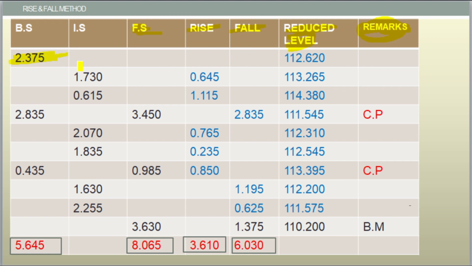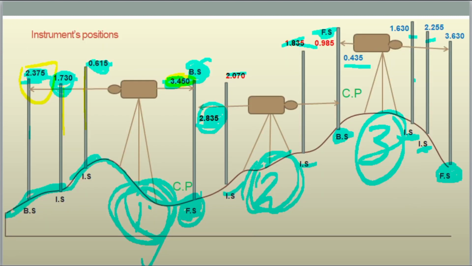So here we have the first reading, our two intermediates, and we have the last reading of the first positioning of our instrument. Again we move to the second positioning of the instrument here. So here we have again our first reading, we have two intermediates, and we have our last reading there. So this is the last reading and this is the first reading, having two intermediates.